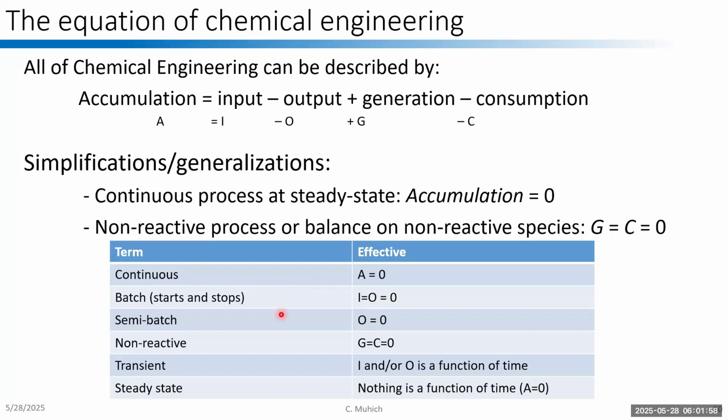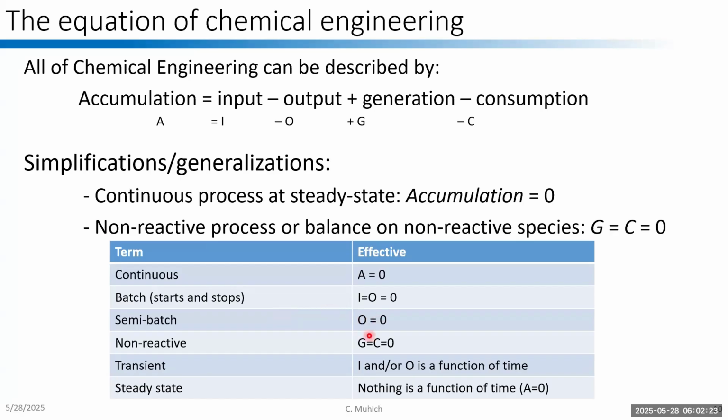We can also have what's called a semi-batch process, where usually we think of a semi-batch process as a combination of the continuous and the batch, where I have some amount of stuff in a reactor to start, and then I'm continually adding some material over time.